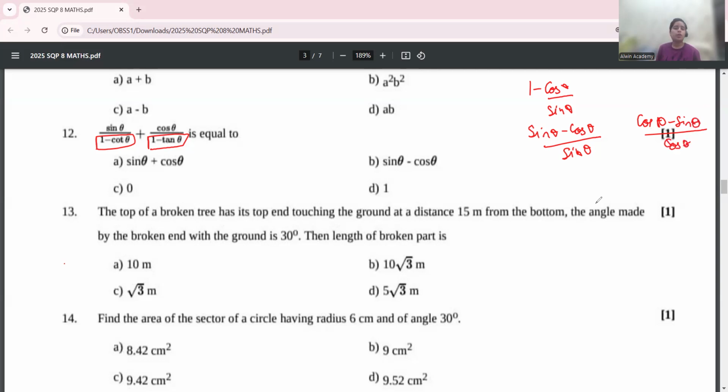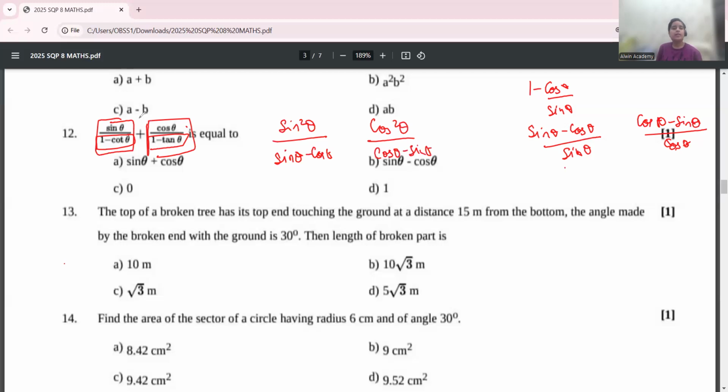Now these are two denominators, so they will be reciprocated. This term will become sin theta times sin theta, we'll get sin square theta upon sin theta minus cos theta, and this term will become cos theta multiplied by cos theta, we'll get cos square theta upon cos theta minus sin theta.